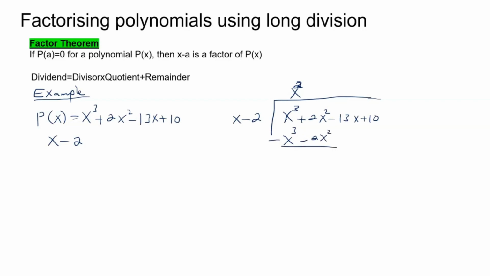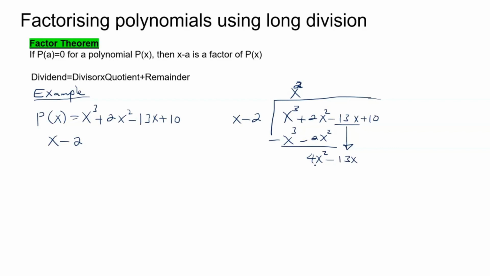We subtract; the signs are the same, so that gives 0. That gives us 4x squared. We bring the next term down, so we end up with negative 13x.